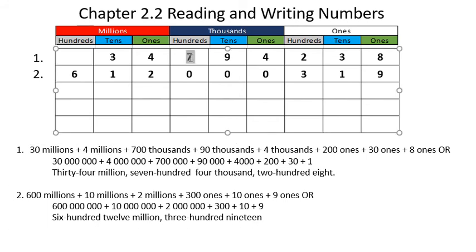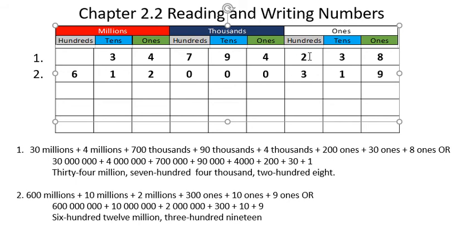This 7 is in the 100,000s column, so it's 700,000s. This 9 is in the 10,000s column. 9 10,000s is 90,000. This 4 is in the 1,000s column, so that's 4,000s.